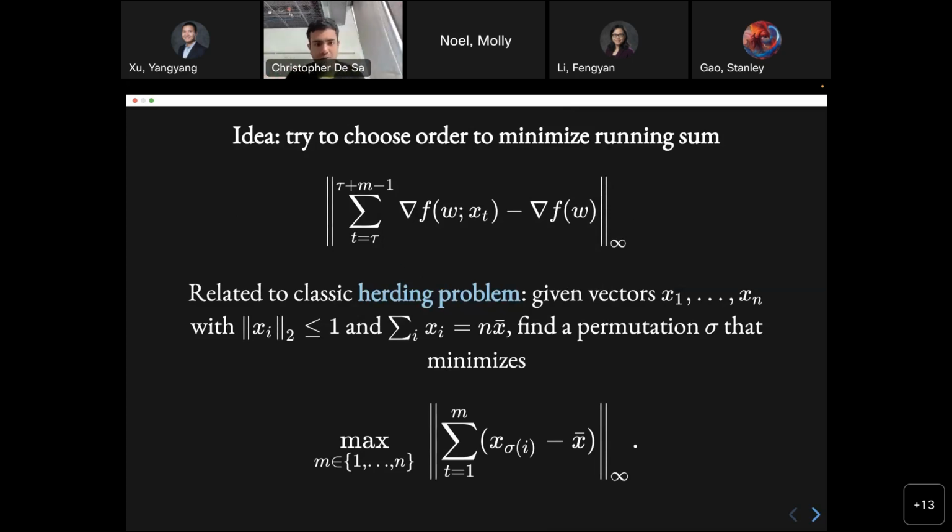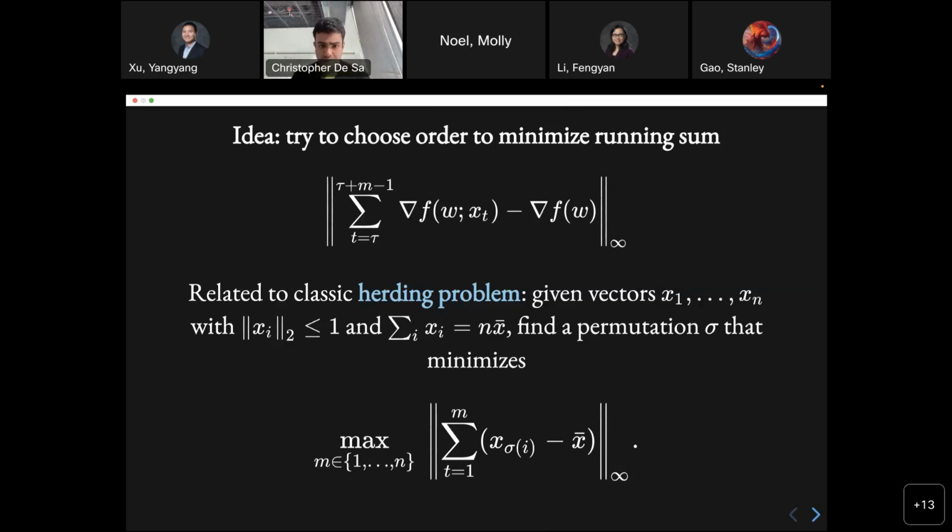So the herding problem is the following. We're given a bunch of vectors, x1 through xn, all of which have bounded L2 norm. In fact, their L2 norm is bounded by 1, so they're all at most unit vectors. And their average is x bar. We want to find the permutation sigma of those vectors.